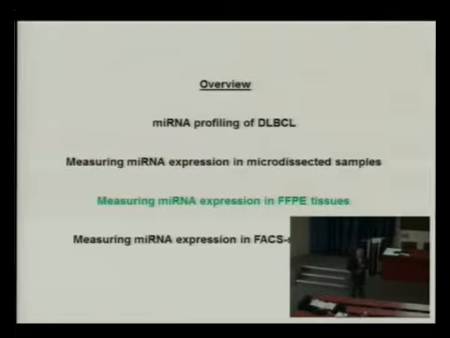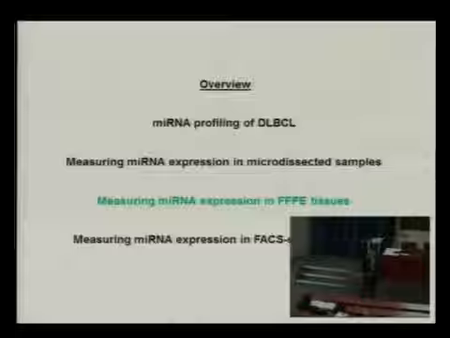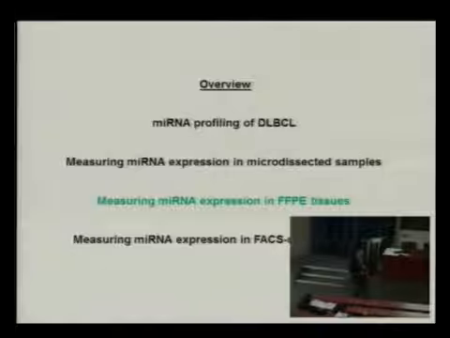So, as I stated at the beginning, I was working in a pathology department. In a pathology department, you usually have dungeons full of valuable formalin-fixed, paraffin-embedded tissues from humans. And this tissue is usually not easily accessible to profiling on mRNAs. But our question was, is it possible to profile these microRNAs in these tissues?